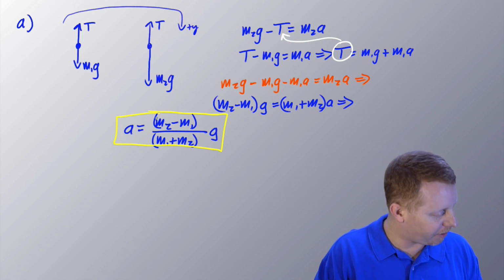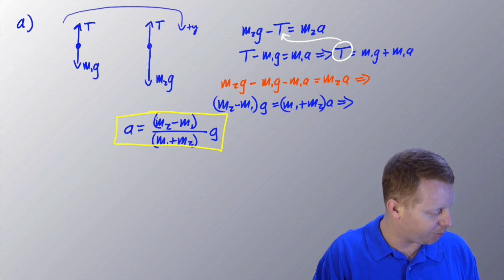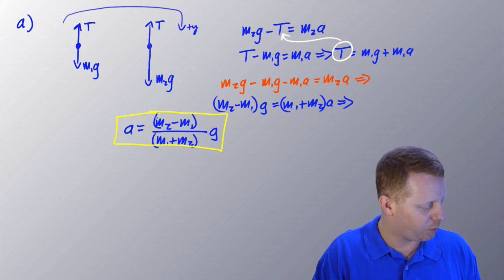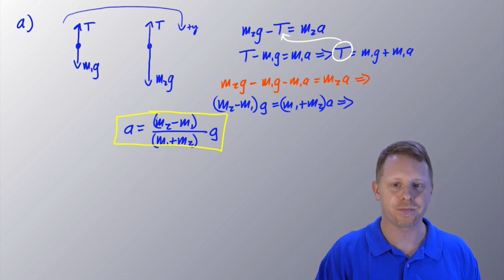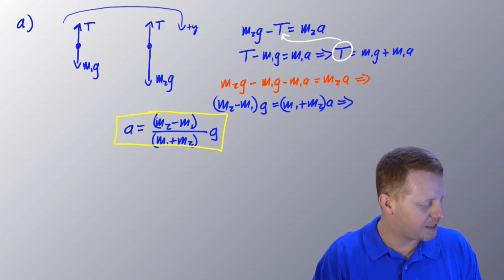All right, now as we look on to C, we're adding this block 3 in the middle. And there's no friction between block 3 and the table. We're now supposed to state whether the acceleration of block 2 is larger, smaller, or the same as in the original 2-block system, and how we arrived at that answer. The way I would look at this, and of course you would put this in some sort of paragraph format, is that the acceleration of block 2 is now smaller.